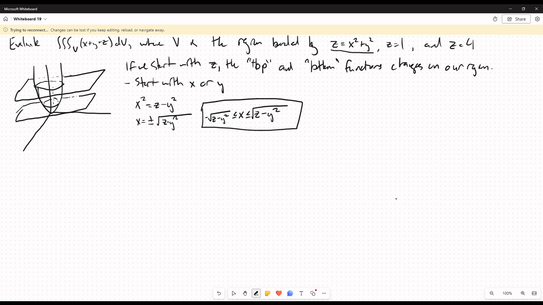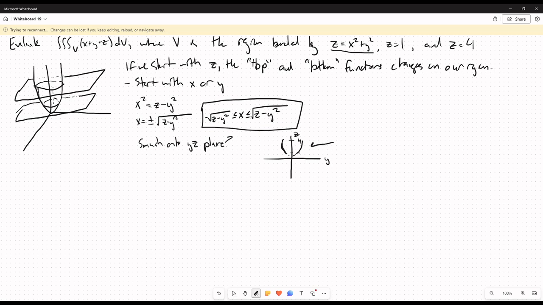What's this going to look like when we smush onto the YZ plane? Well, if I think of smushing it onto the YZ plane, the picture is going to look something like this. So we'll have our y, we'll have our z. We're going to have this up here at 4, this down here at 1, and it kind of looks like this, dot, dot, dot there.